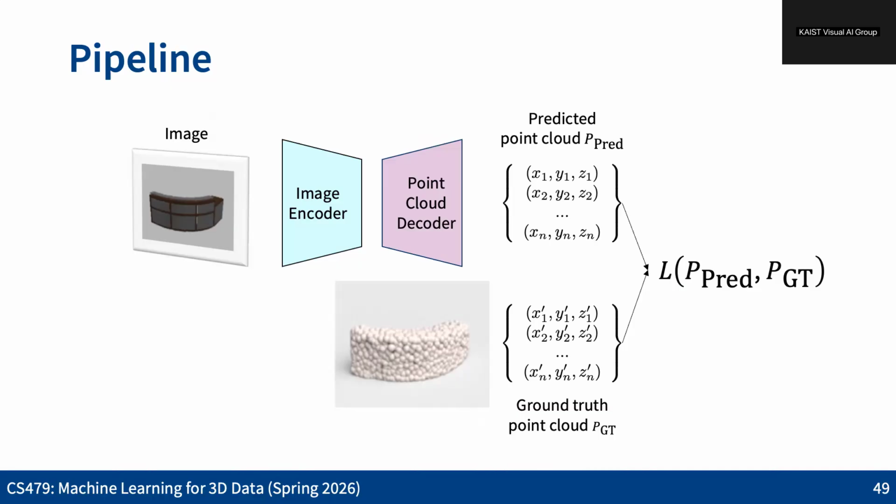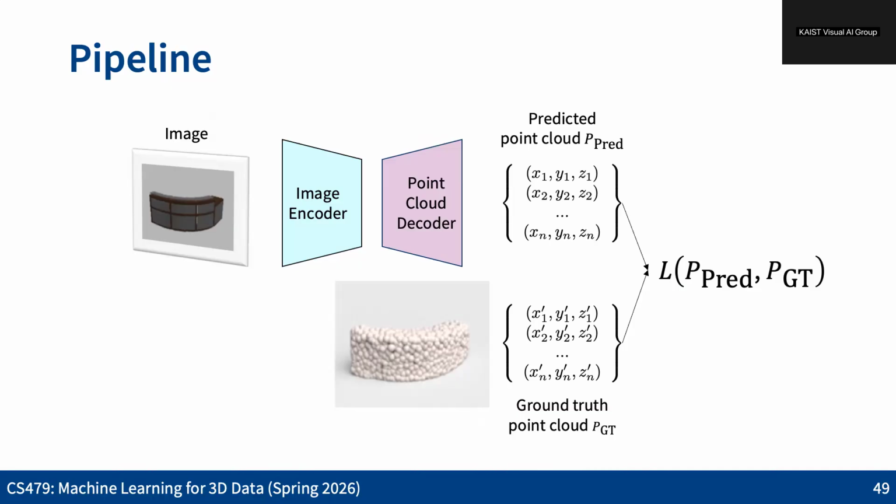And we would need to compare this with some kind of ground truth point cloud, the desired output. These are basically the given pairs, right? Then we compare these two, define some kind of loss function, and perform the backpropagation, right? Here, the two main questions are how we are going to define this architecture, and how we are going to define this loss function, right? If we can do those two things, then we can just implement it.